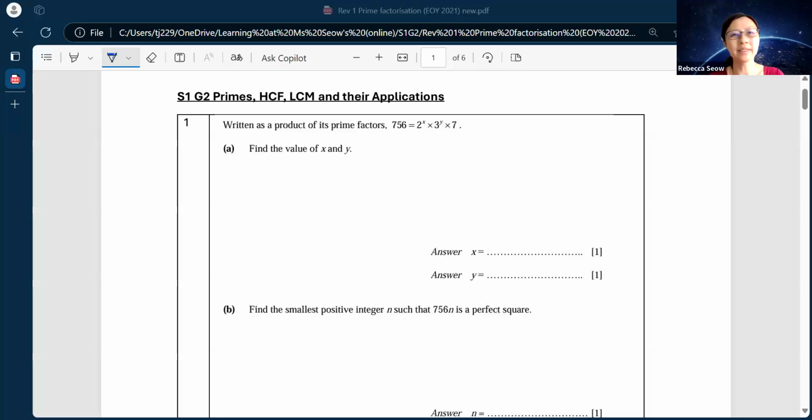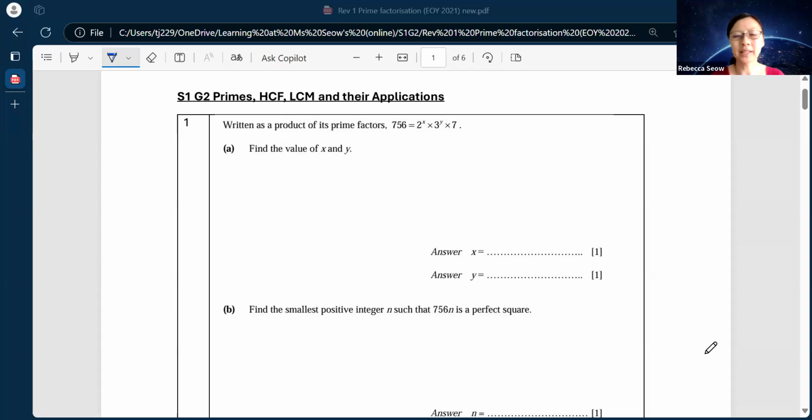Now let's take a look at the questions here. For question 1, it starts out by saying, written as the product of its prime factors, 756 is equals to 2 to the power of x multiplied by 3 to the power of y multiplied by 7. Find the value of x and y.